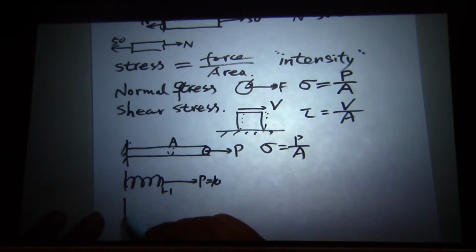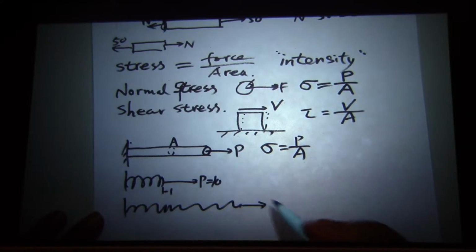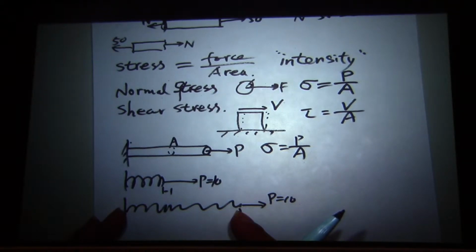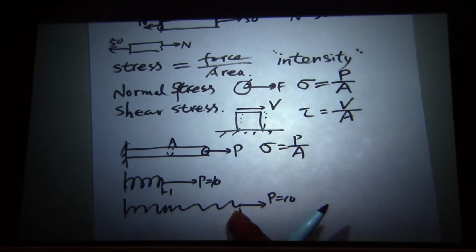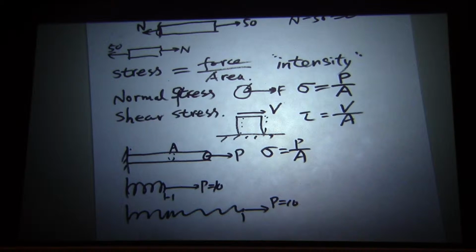Now, what if we stretch a longer spring, this long, and I apply the same force, P equals 10? How much is it going to elongate? Do these two elongate the same amount? That's the question. Which one elongates more? This spring is long. They're the same diameter, the same spring, I just have one longer than the other one. The longer one should give you a longer elongation. This one will deform more, right?